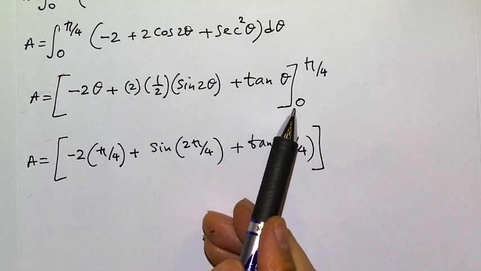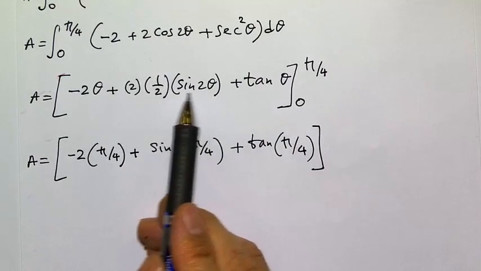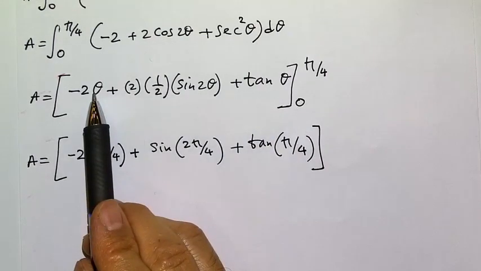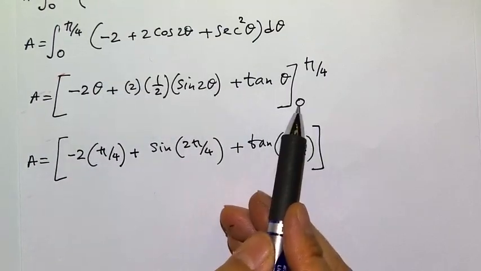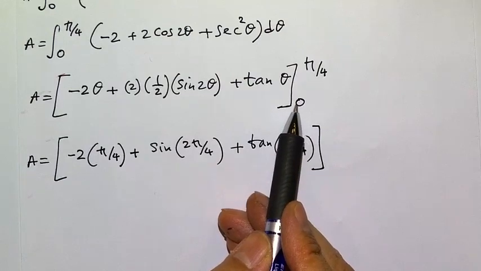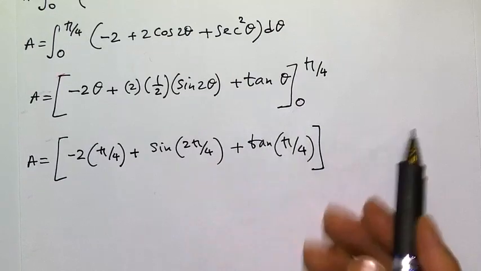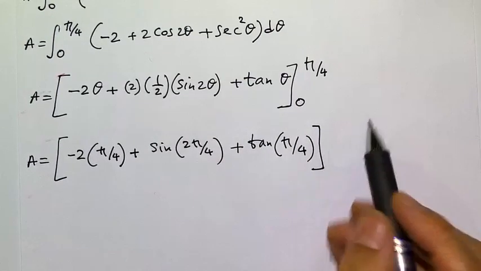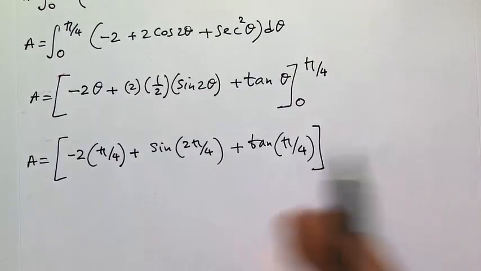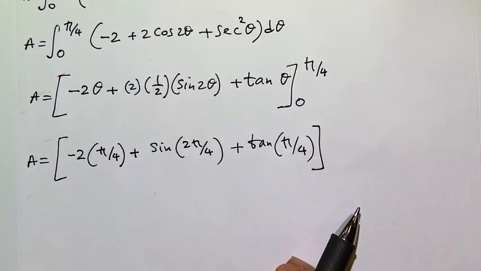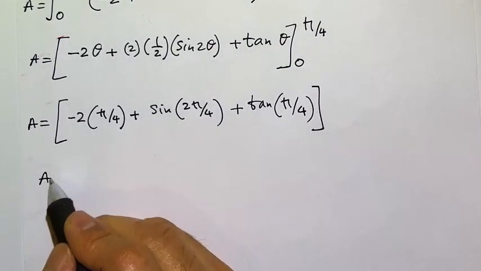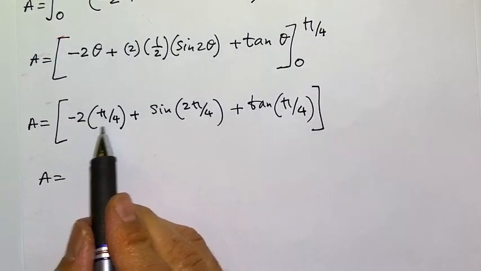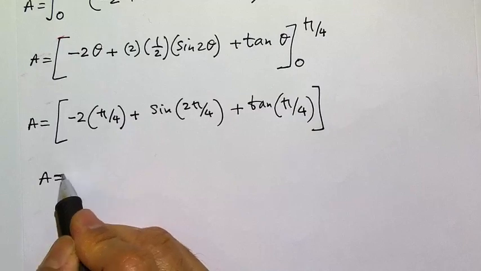So tangent at 0 is 0. Sine of 0 is 0. Theta at 0. So all these terms drop out for this limit of integration. Maybe I should have put minus 0, but it's going to drop out anyway. Okay. So then area would be equal to minus pi over 2.